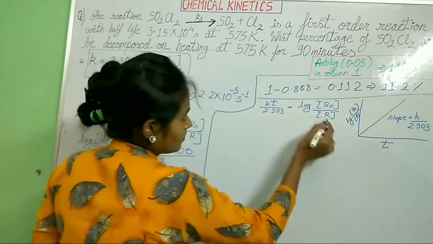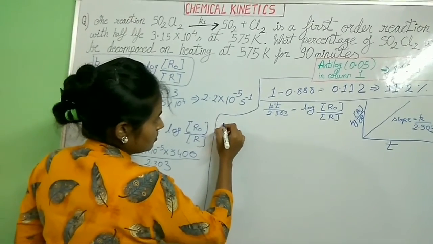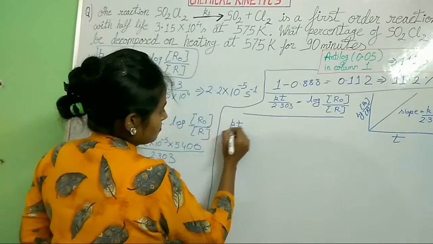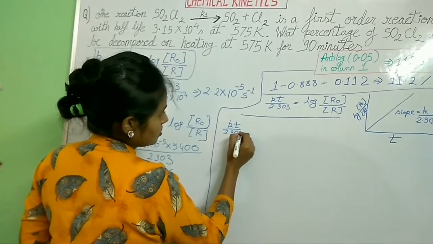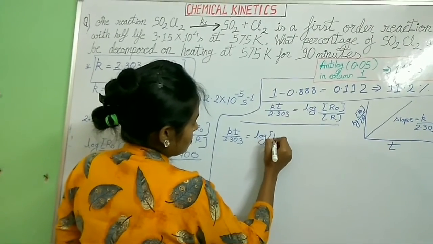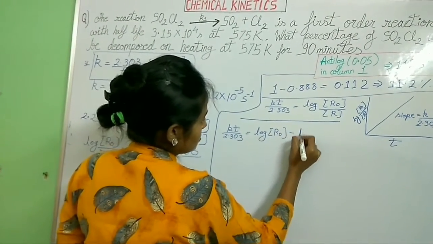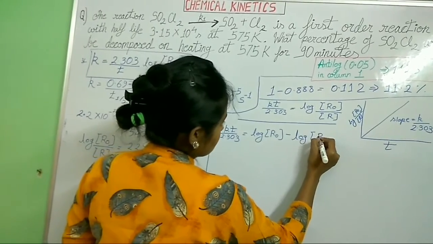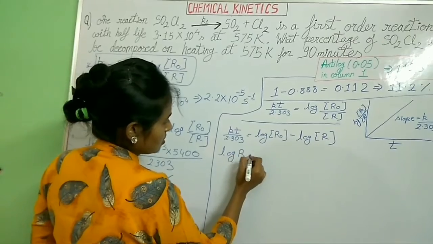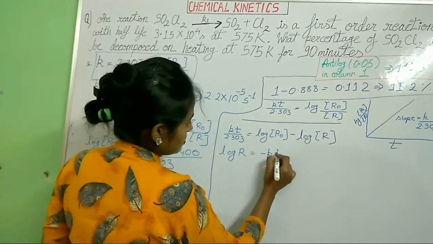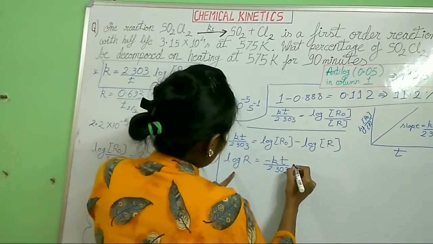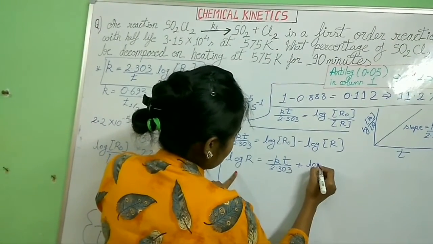Okay, now in another way we can write this equation as kt by 2.303 equal to log R naught minus log R, isn't it? So we can write this as log R equal to minus kt by 2.303 plus log R naught.